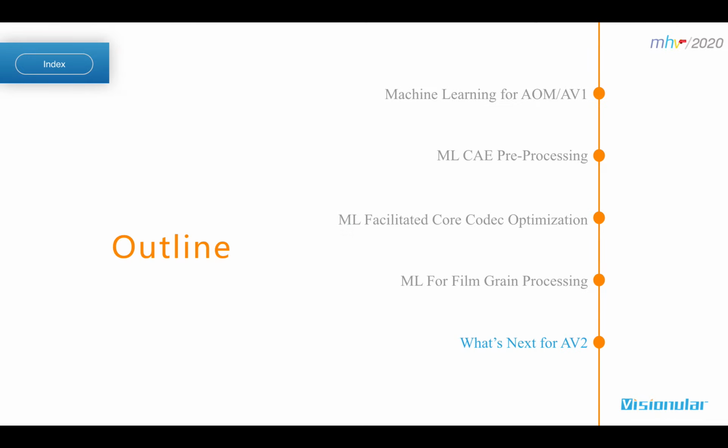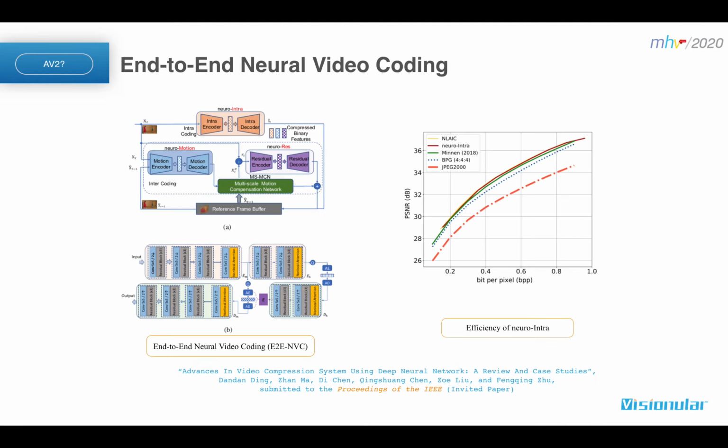And lastly, we would like to see how machine learning can be further leveraged for the AV2 standard. AV2 is already on the horizon, and we would like to see whether machine learning can help from two perspectives.